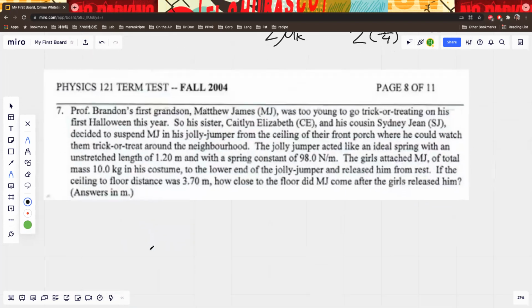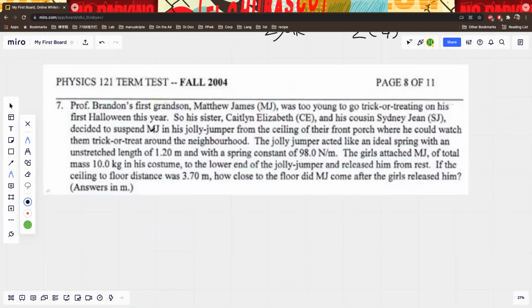Okay, so here, this is the last question, I think. Professor Brandon's first grandson, Matthew James, was too young to go trick-or-treating on his first Halloween this year. So his sister, Caitlin Elizabeth, and his cousin, Sydney Jean, decided to suspend MJ in his jolly jumper from the ceiling of their front porch where he could watch them trick-or-treat around the neighborhood.